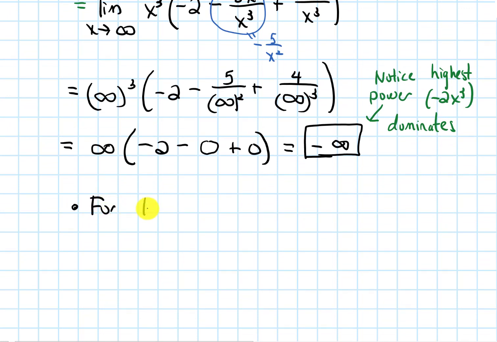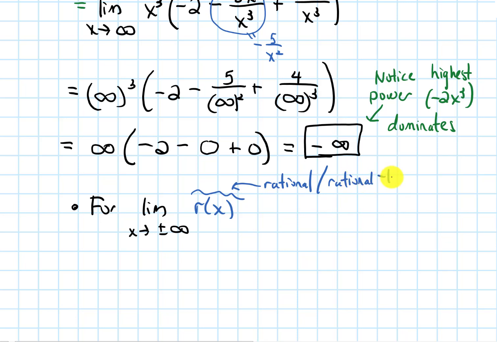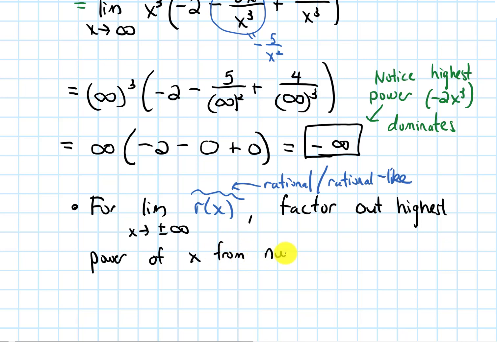For the limit as x approaches plus or minus infinity of r of x, where r of x is either a rational or rational-like function, we will factor out the highest power of x from the numerator and from the denominator.